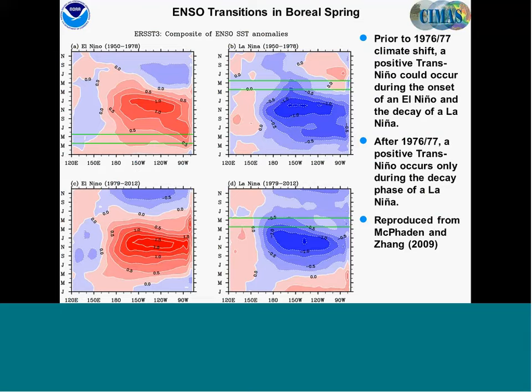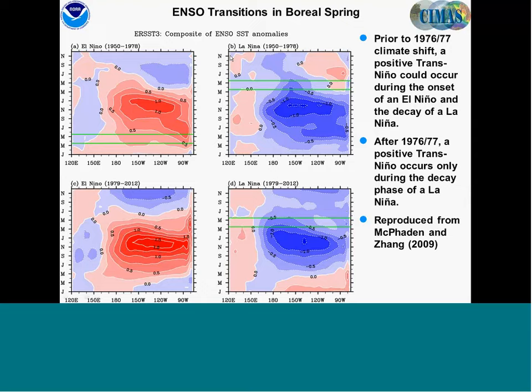What I'm showing you here is the tropical Pacific temperature anomaly between 5 degrees south and 5 degrees north, from west to east, from January of the developing ENSO year to December of the decaying year.